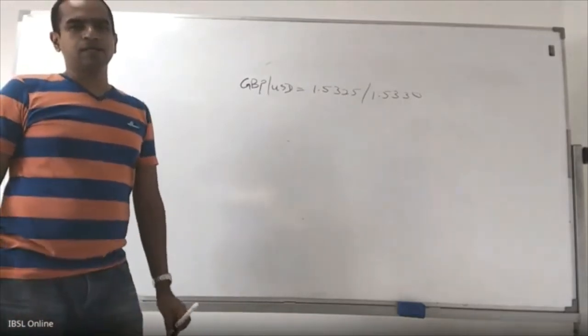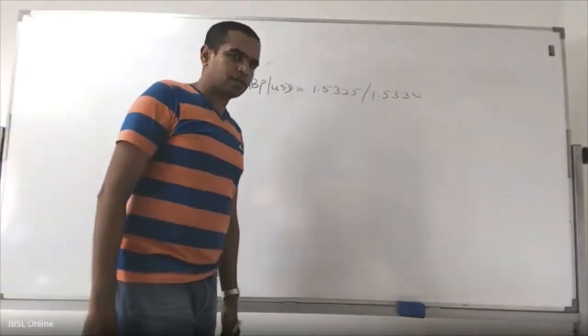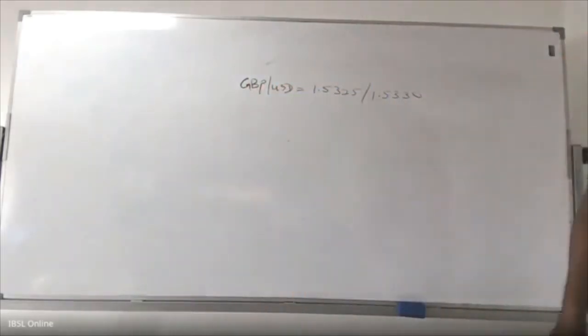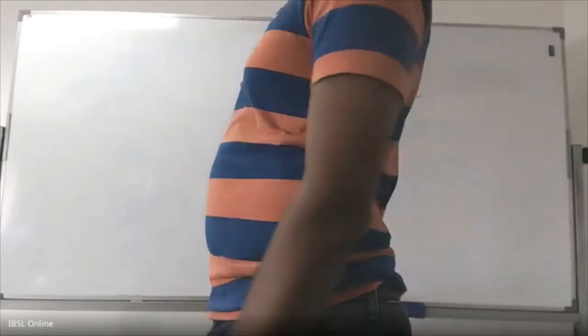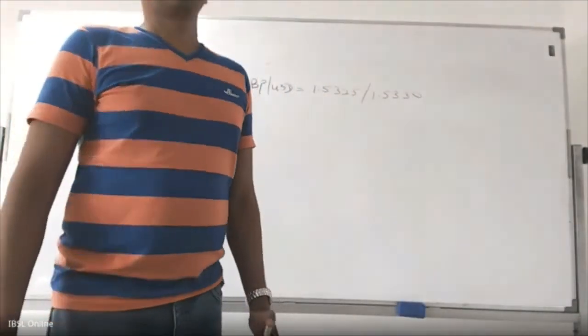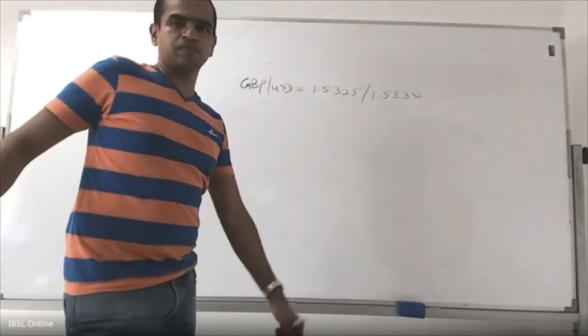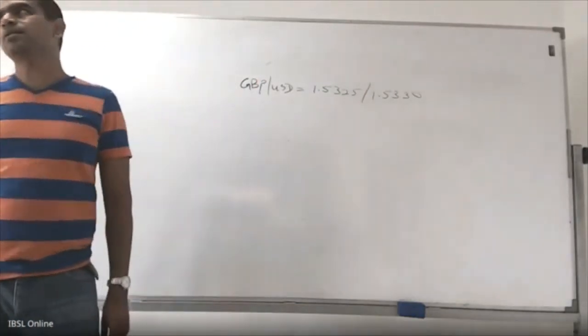Base currency is sterling. At what rate can you buy dollars? Right? Base currency is, remember, always think in terms of the base currency. Then you will not go wrong. Base currency is sterling. Buying dollars means sterling you have to sell. Right? So you will sell the base currency at the bid.